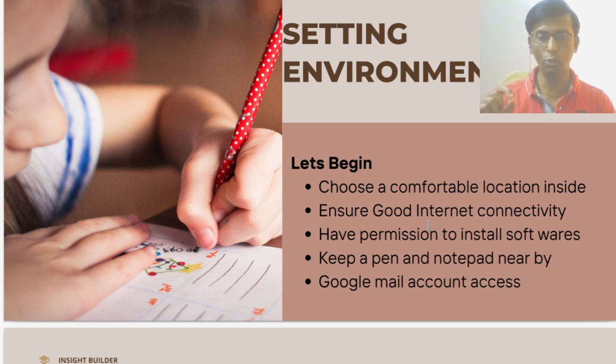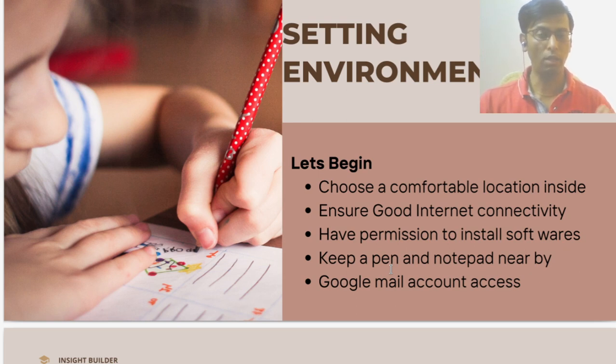And the last two are important. Let me explain to you why. You need to have a pen and a notepad nearby always so that you can take notes if you have any questions. You might be wondering what kind of notes might come when you are installing. Always ensure that you have a pen and paper in front of you. You will be glad that you did.